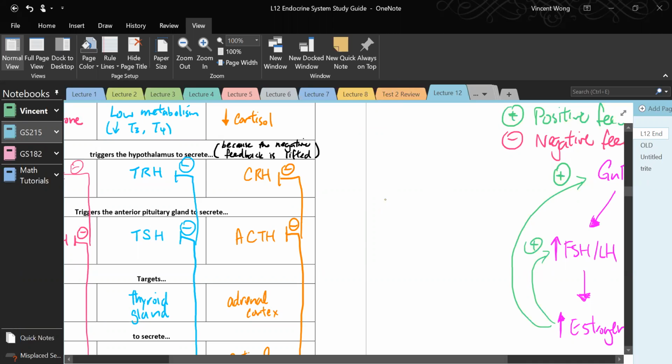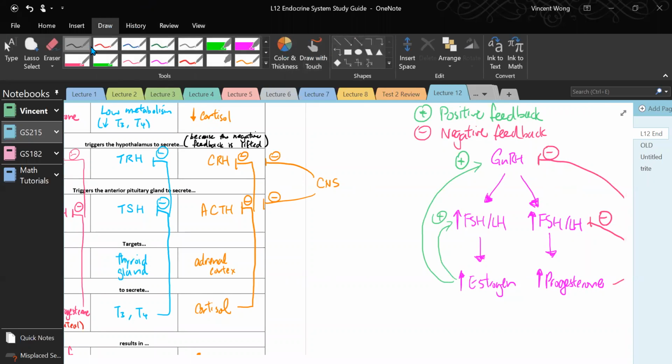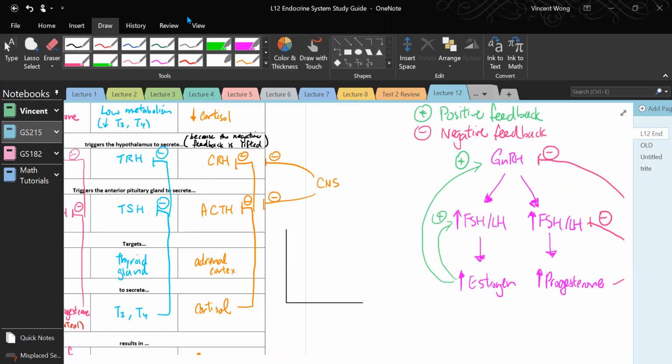In those situations, the central nervous system will actually override these negative feedback. The central nervous system will essentially not allow the brakes to be there. So double negative becomes positive. And that would cause the cortisol level to increase substantially, because when you are chronically stressed, your body actually demands a lot more resources.